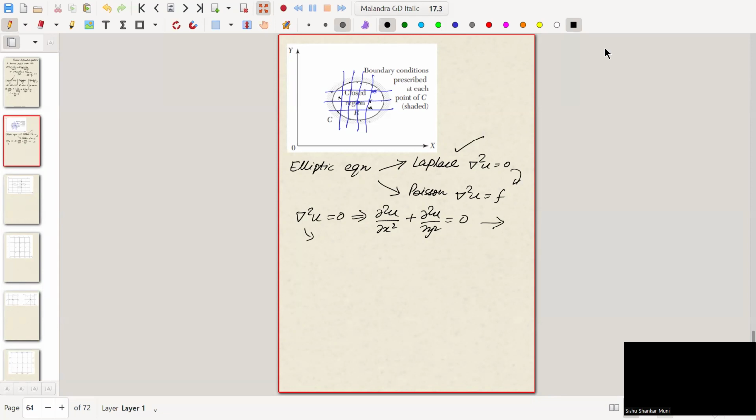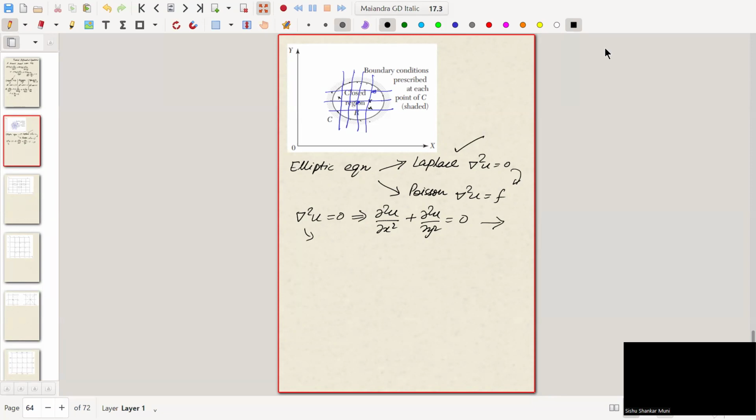How are we trying to solve it? We will construct a square grid, and at each point of the mesh you can find your solution. We will see what kind of numerical methods we can formulate to find the values. This is not aimed at finding exact or analytical solutions, but rather solutions at discrete points.